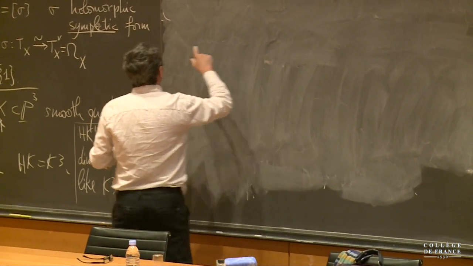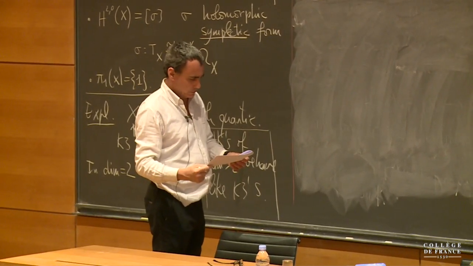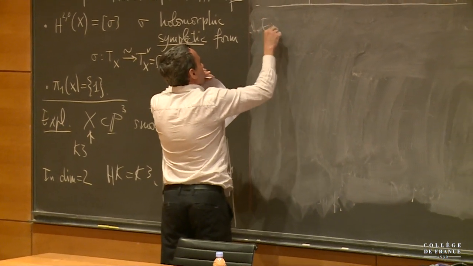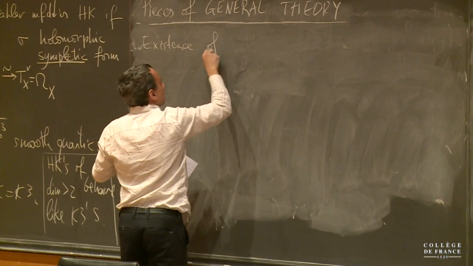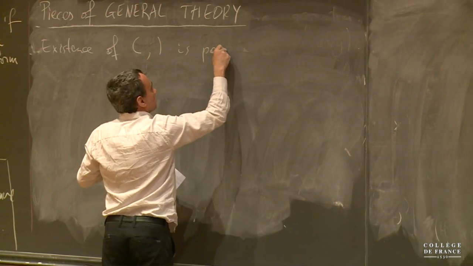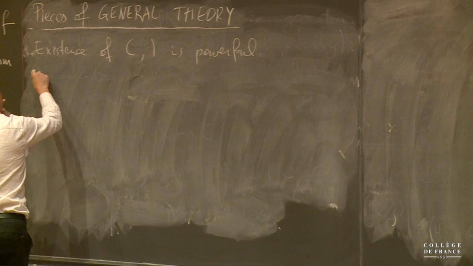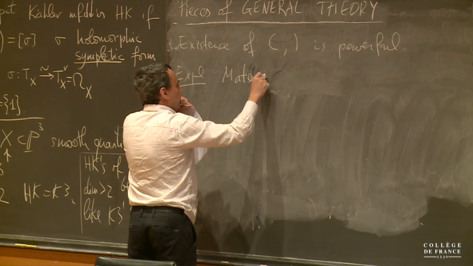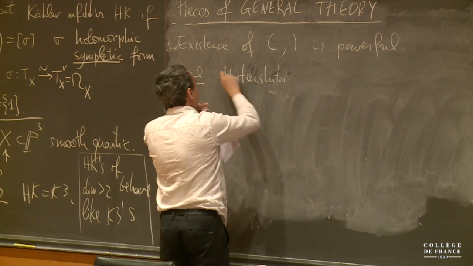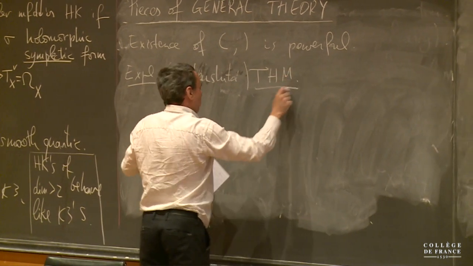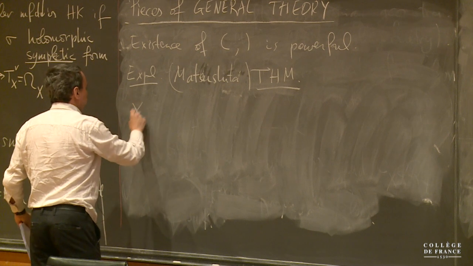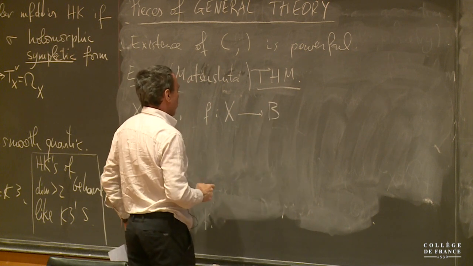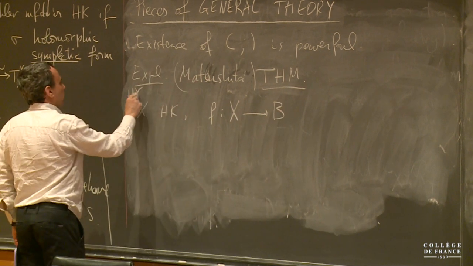To show you that the existence of this quadratic form is quite powerful, so we have Matsushita's theorem. Let X be Hyper-Kähler, and we assume that we have F. These are hypotheses.